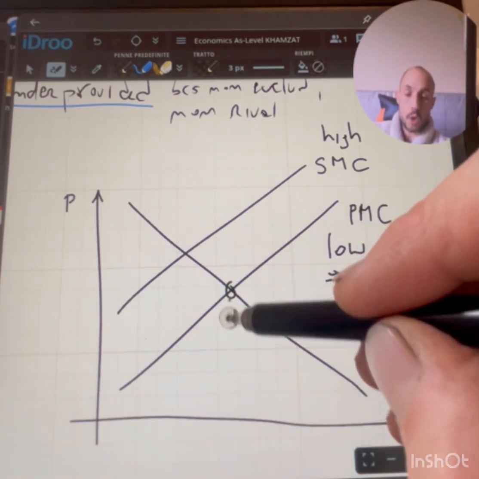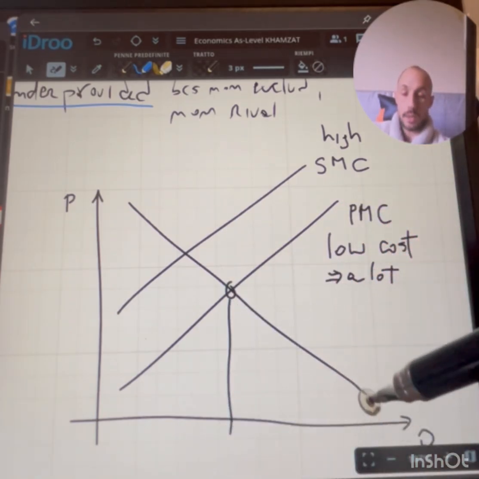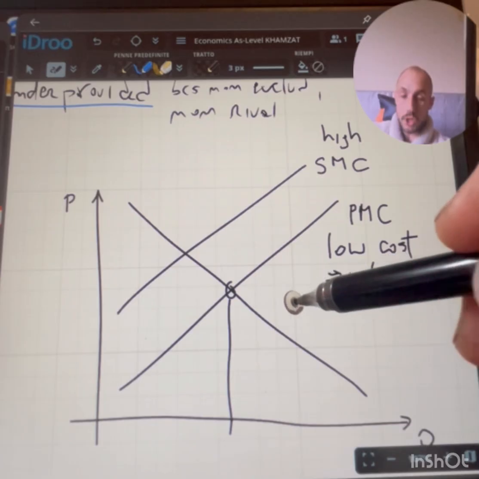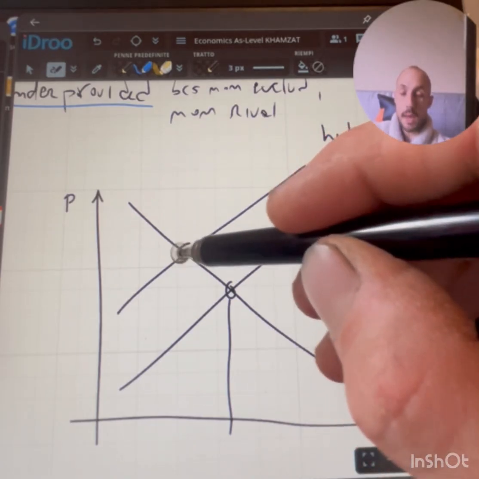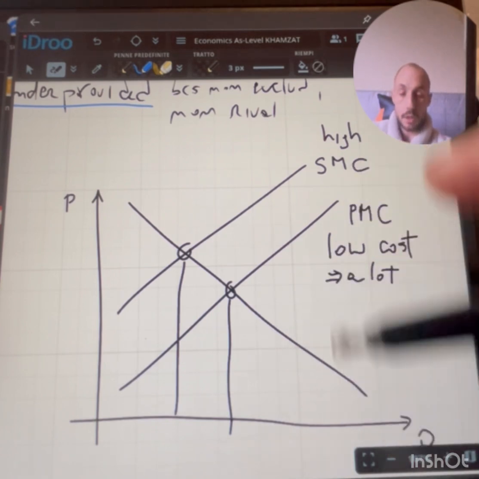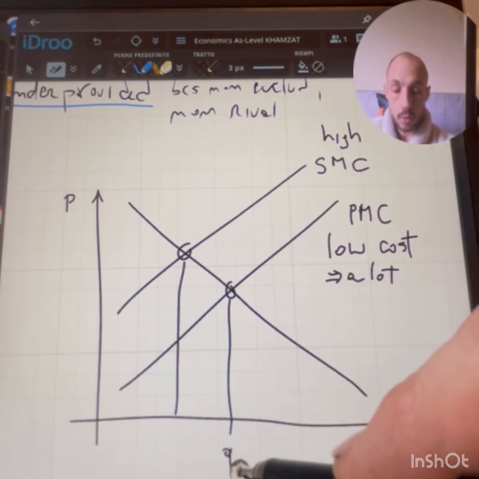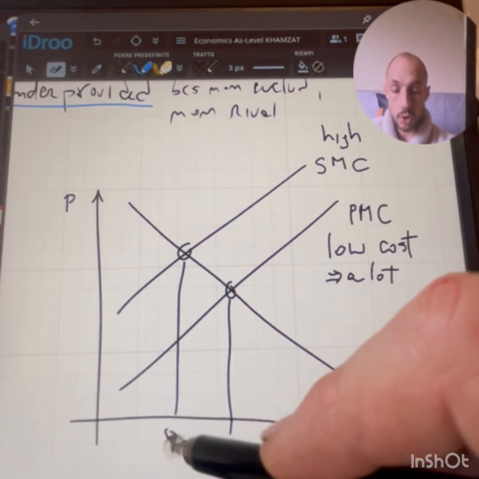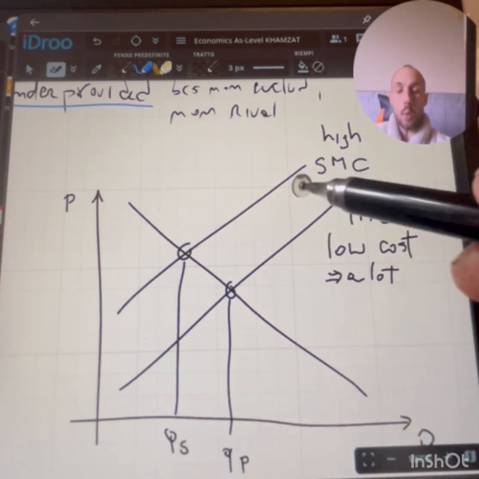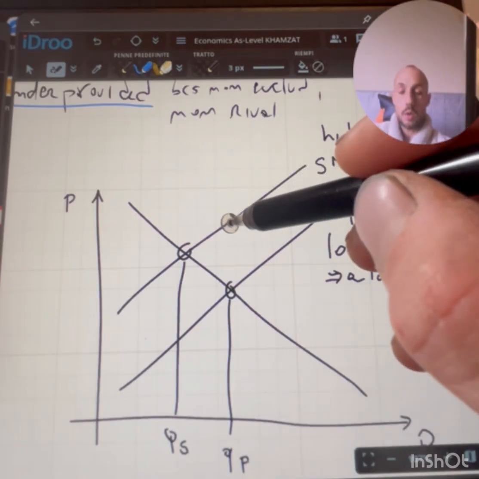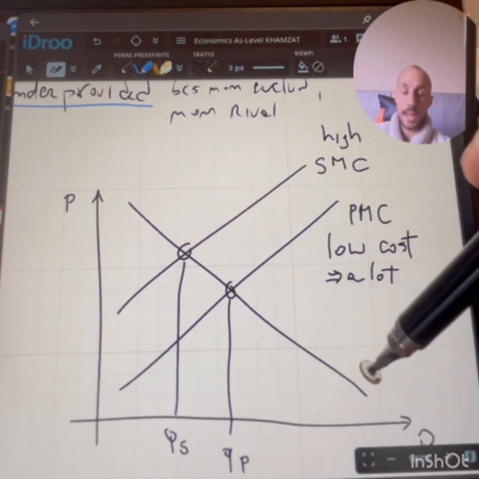And this was the demand at the private marginal cost, and this is the demand at the social marginal cost. So let me write it here, Q private, and here Q social. How can we solve this externality?